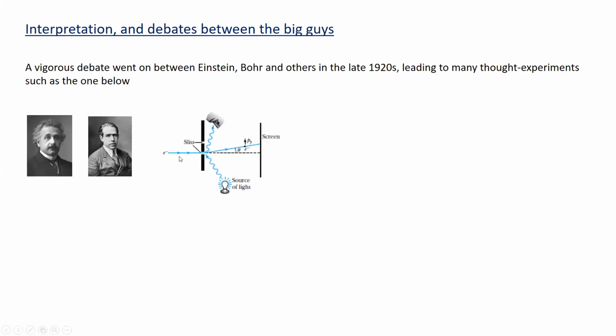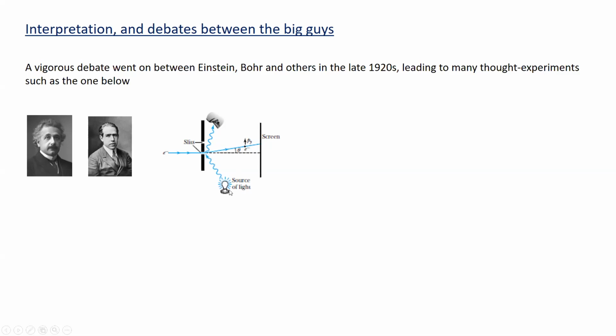Here is electron diffraction going through two slits, which would normally cause an interference pattern. But Einstein imagined if we had a source of light here so that we could shine it on the electron and determine whether it went through this lower slit or this upper slit, that we would simultaneously know the electron's momentum and its position.